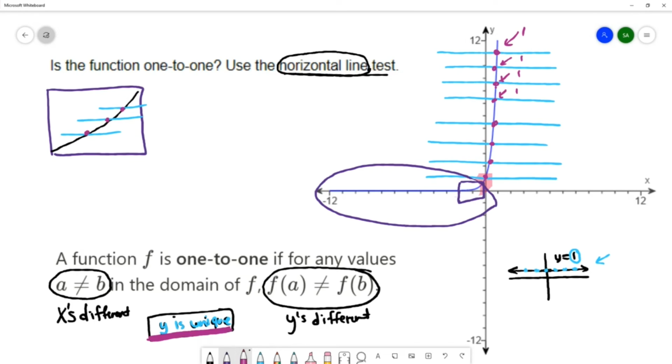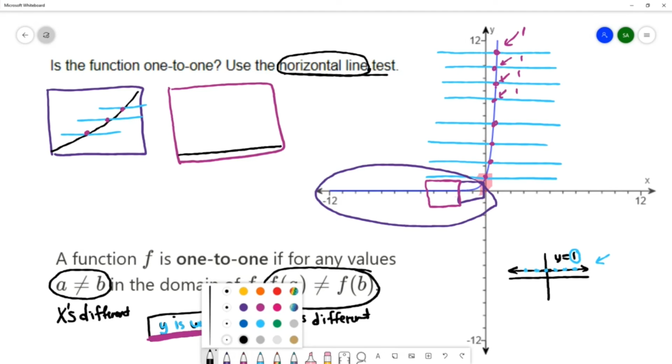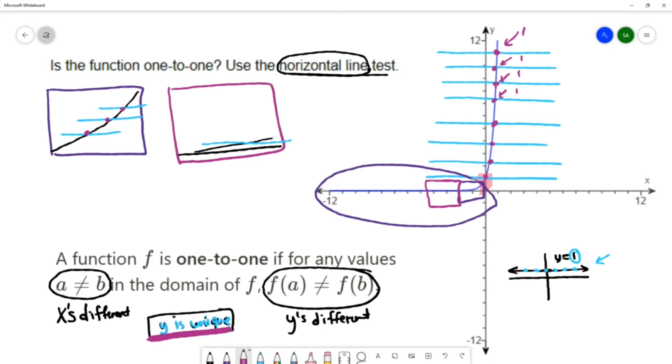And then if you zoom in on this part of the curve, this is the part where it gets confusing because it looks like it's a horizontal line, but if you zoom in on that part, you're going to have your x-axis down here somewhere, and the curve looks really, really flat, but it's not. It keeps going down and down and down. So when you do the horizontal line test here, it's only going to intersect in a single point.